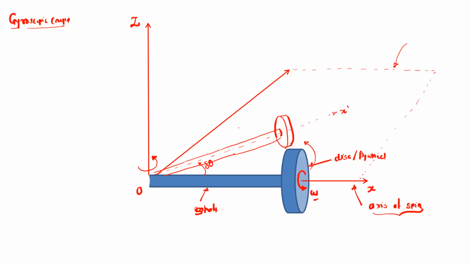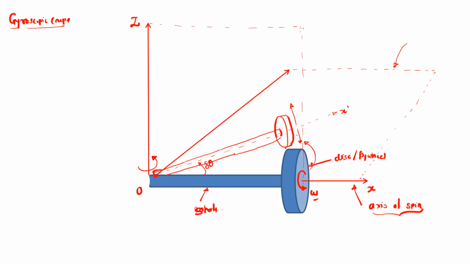The direction of the gyroscopic couple will be in this plane, or a plane parallel to this plane. It will try to lift this disc in the upward or downward direction.